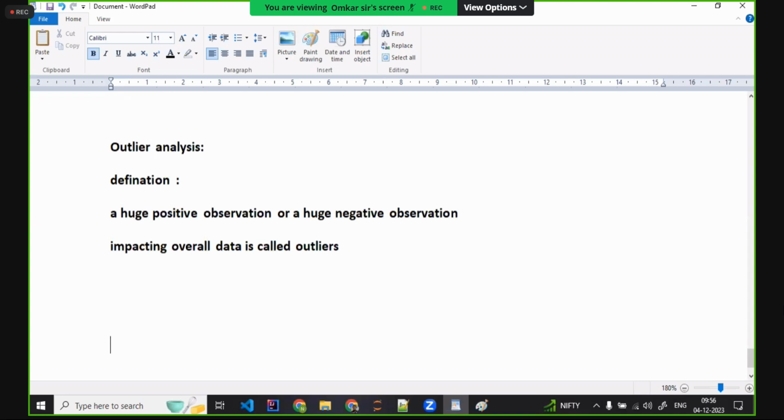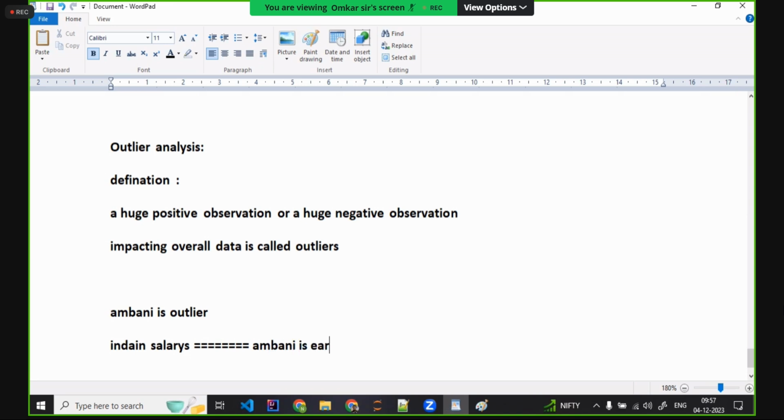So now we are saying that Ambani is an outlier. On what basis are you saying he is an outlier? You are taking Indian salary income, and in that Ambani is earning so much money.